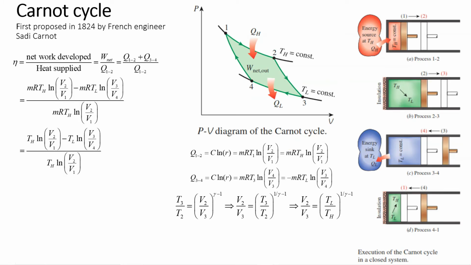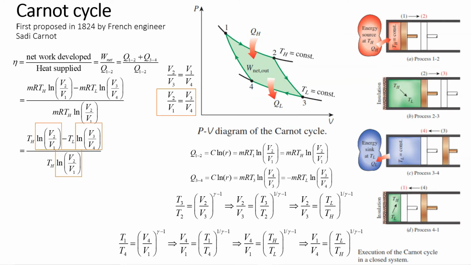So in thermodynamics you had seen Carnot engine, and in case of engine we had four processes, and based on that we got the efficiency of Carnot engine in terms of temperature only. So this was the formula: in case of engine, efficiency is T high minus T low upon T high.